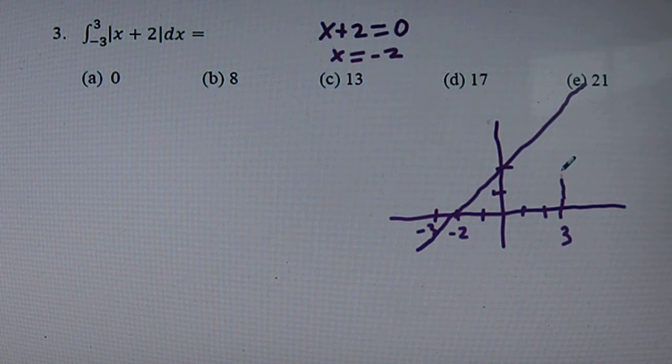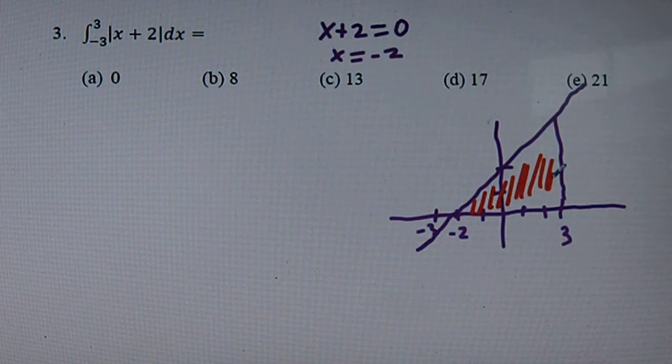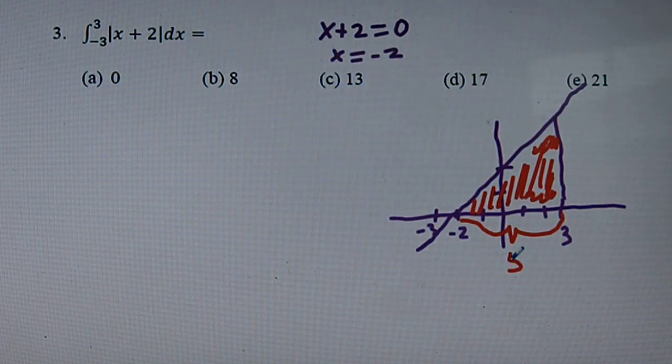What we have is the area of this triangle, which I'm going to shade in red. Its dimensions are going to be 5 in the base by, since we're talking about an isosceles right triangle, 5 there also. And then this little corner here from -3 to -2 is below the x-axis.